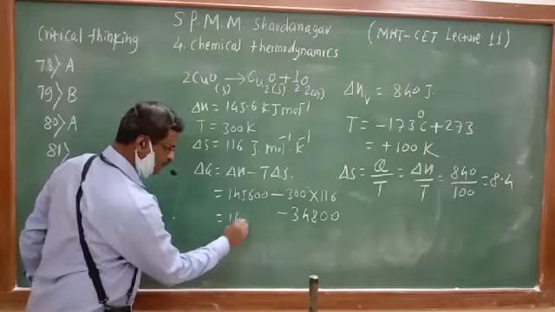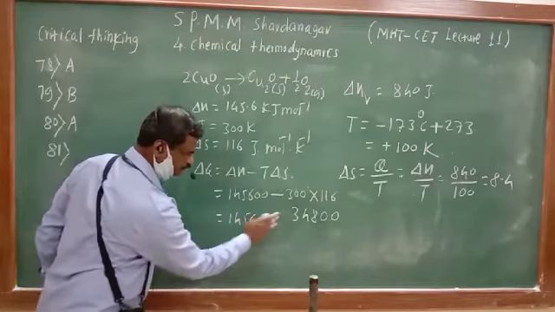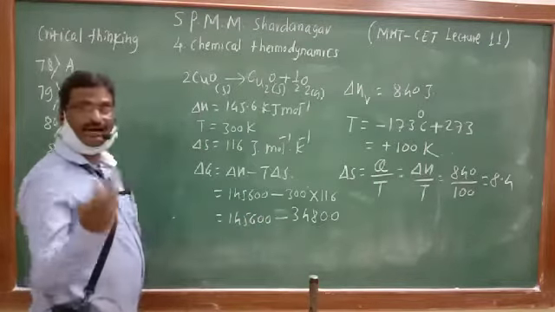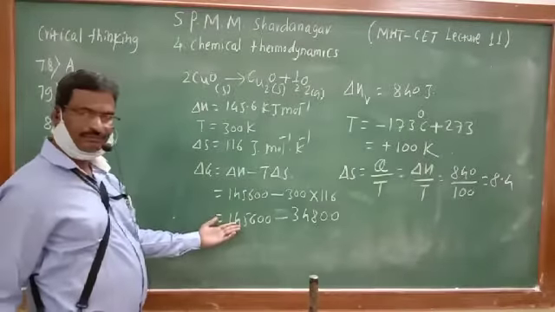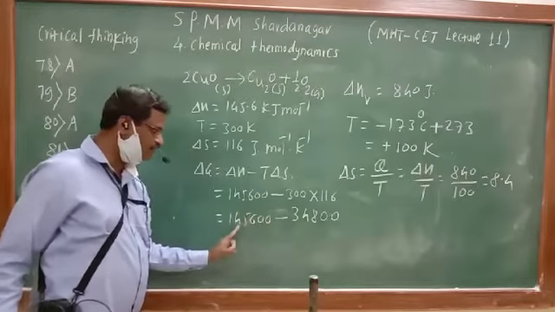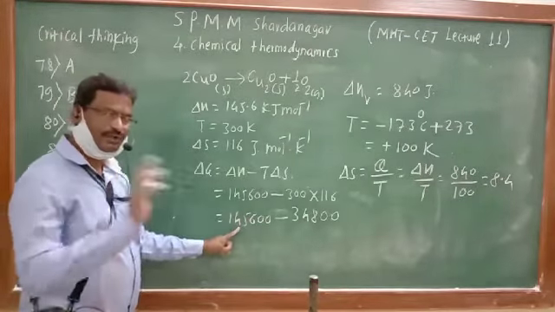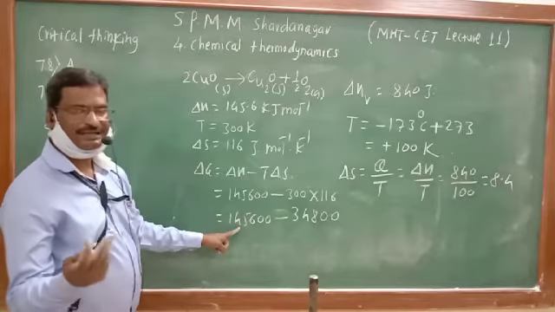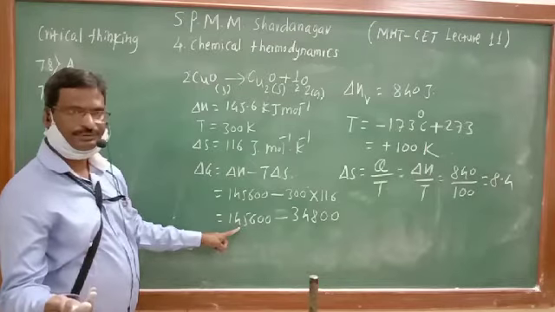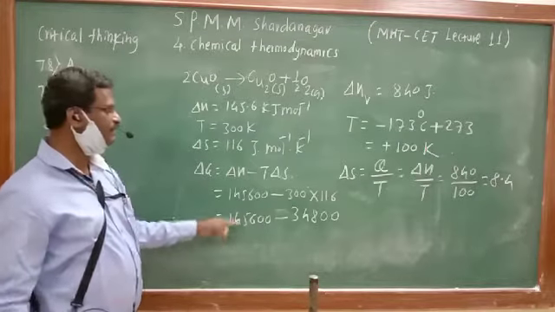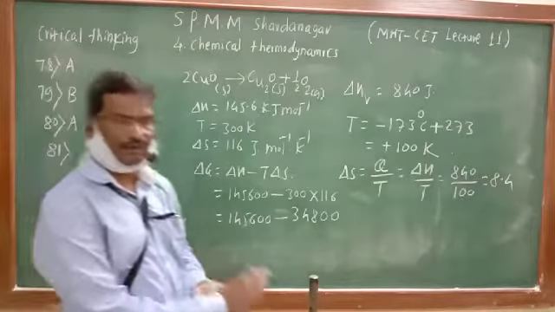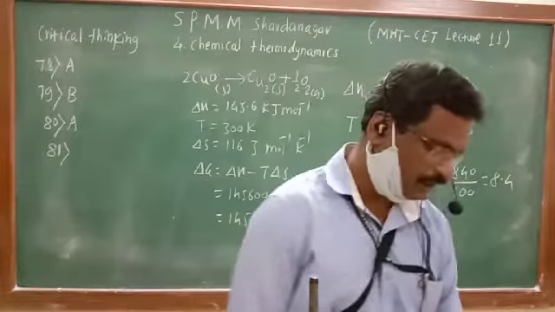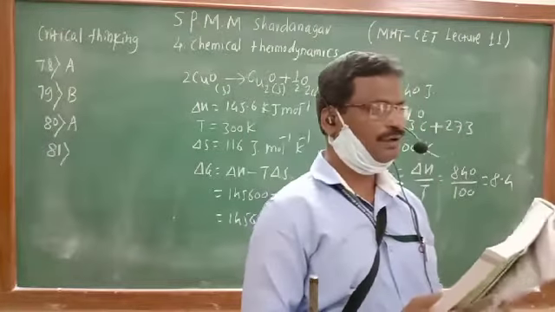Here it is 145600. Which one is the bigger term? This is bigger. So subtract the second from the first one. Give the sign of the first. Whatever answer you are getting, that is the answer in joules. Convert the answer into kilojoule depending on the options. Here they have given options in kilojoule.